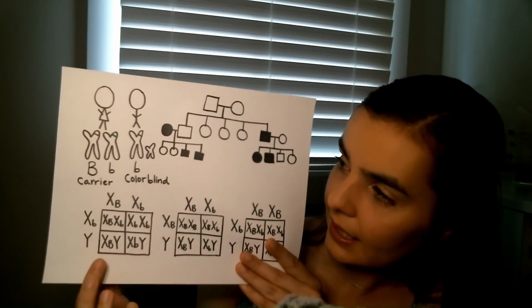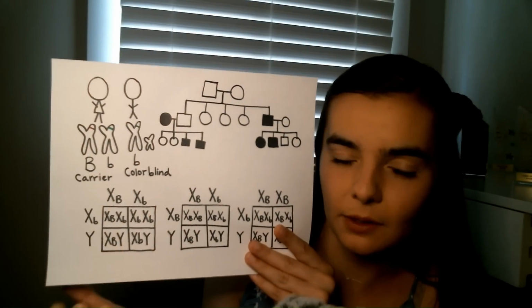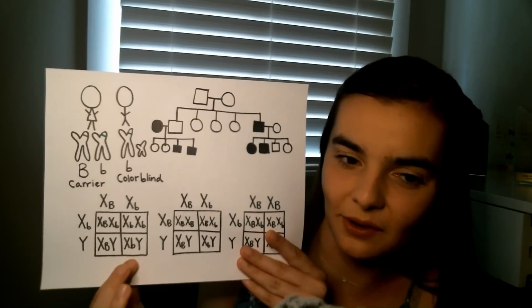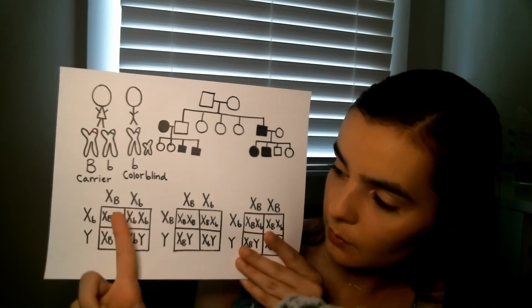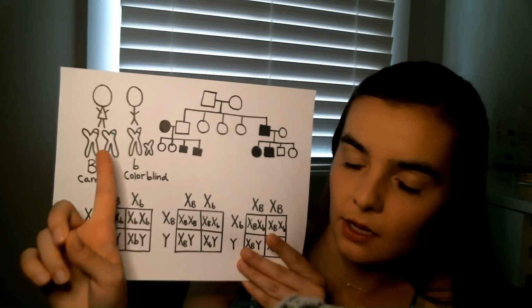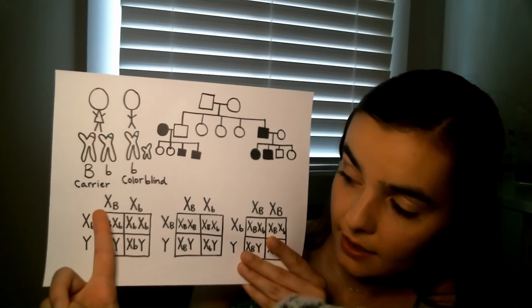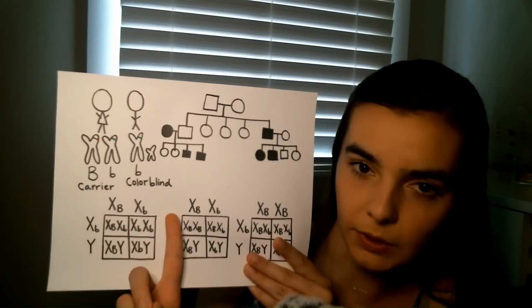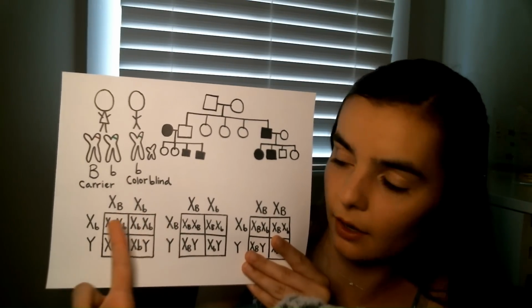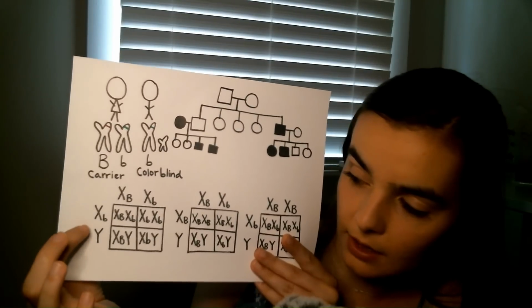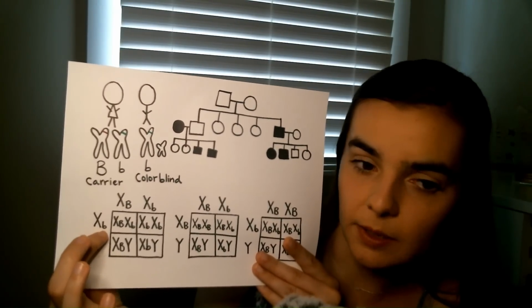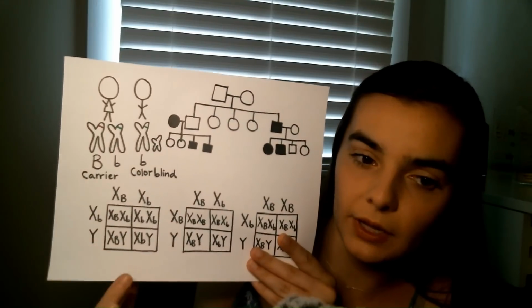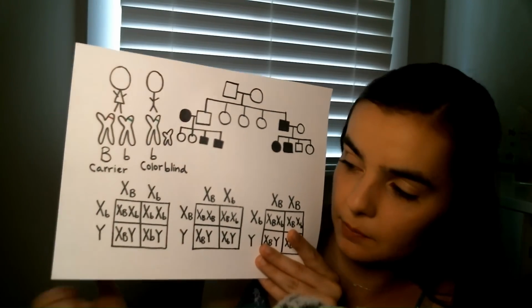And so if we look at, I almost said pedigree, a Punnett square down here, this is how we draw the alleles. The mother would be X with a big B, the normal, and then X with a little b, which is colorblind because she's a carrier, and then the male has X with a little b and a Y, so that's what they can pass on to their children.